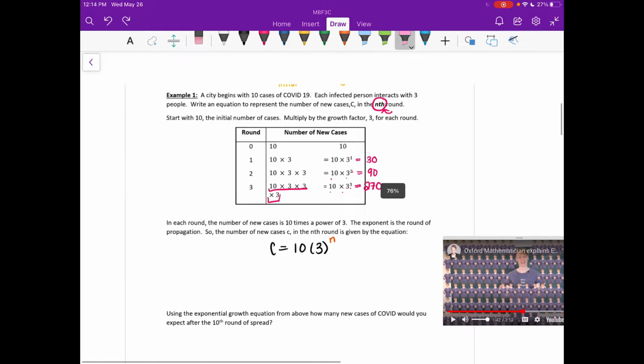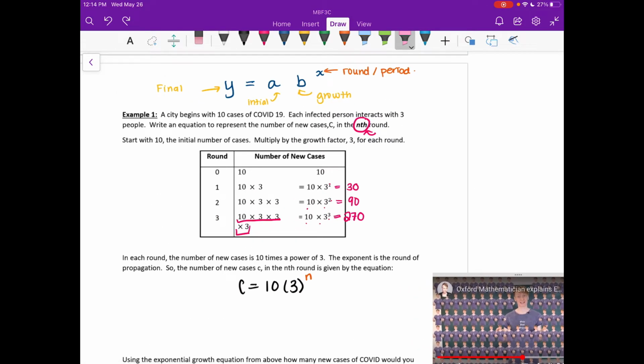So let's just go back here and look at this. C is the Y value, and that represents the final number of cases on that day. 10 is the initial number of cases we started with in this situation. 3 is the growth value.